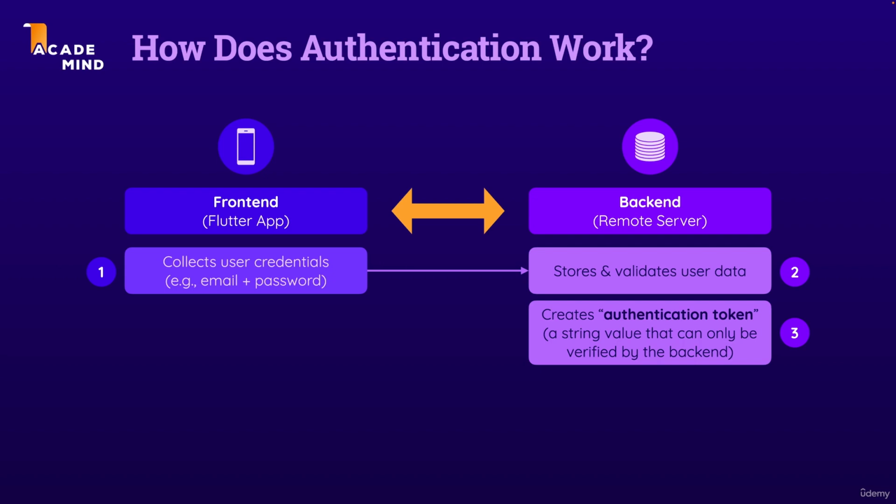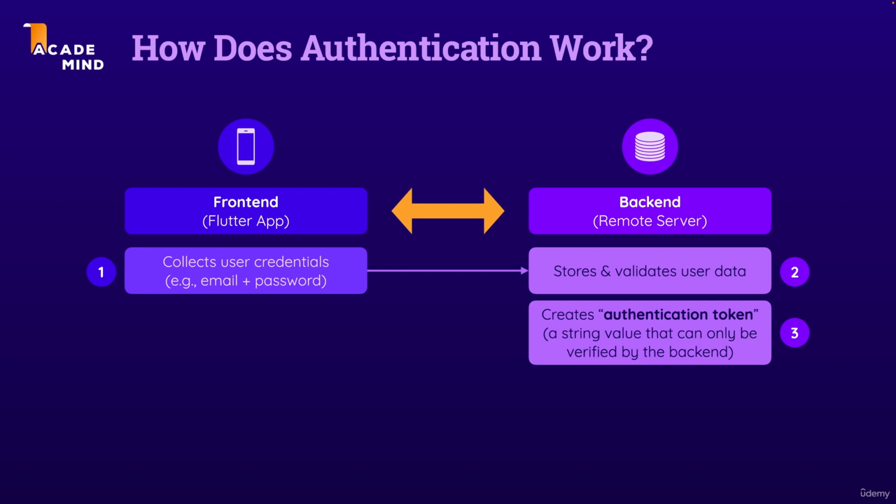And it's created using a certain algorithm that actually ensures that the string, despite looking random, isn't random. Instead, it is a string that can't be reproduced by anyone else but that backend because it uses some secret key which only the backend knows as part of that token generation process.